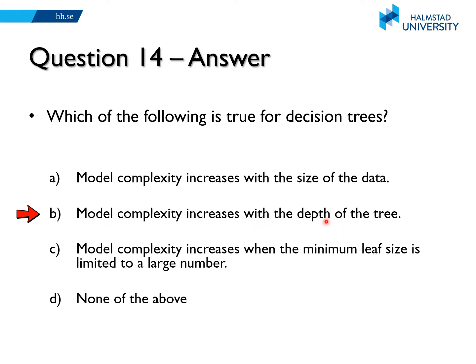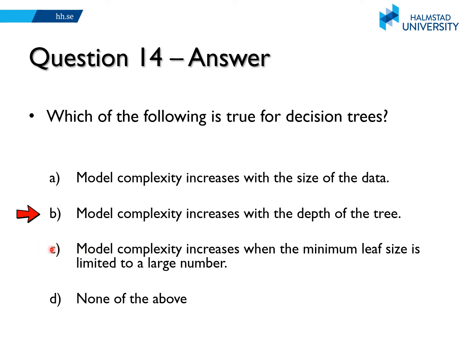So if you have a decision tree which is not deep, for example, the depth is just 1, then this is a very simple decision tree. It cannot create complex decision boundaries. But if you increase the depth, then the decision tree becomes more and more complex.